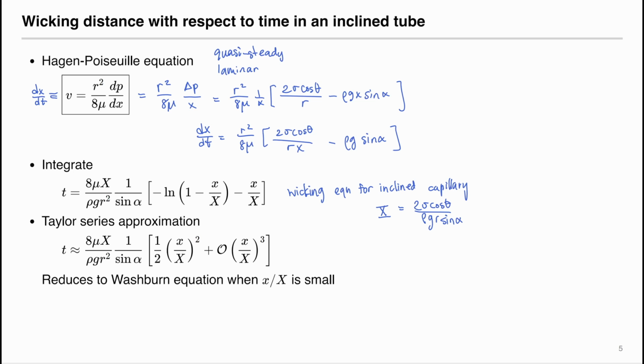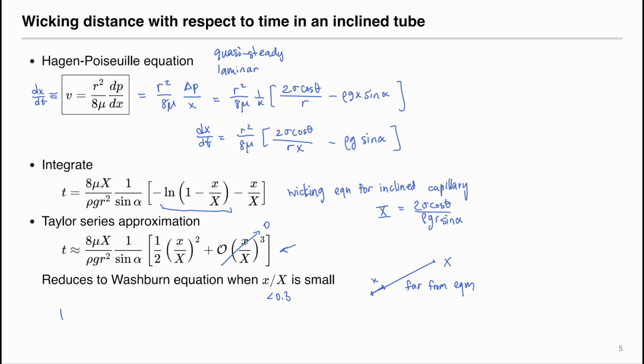We can then use Taylor series approximation for the natural log here, and we get a term that looks like this. If the ratio of small x divided by big X is small, for example less than 0.3, meaning that the equilibrium height is big X but it only proceeds a little amount, so it is far from equilibrium, then the higher order terms will cancel because they are negligible.